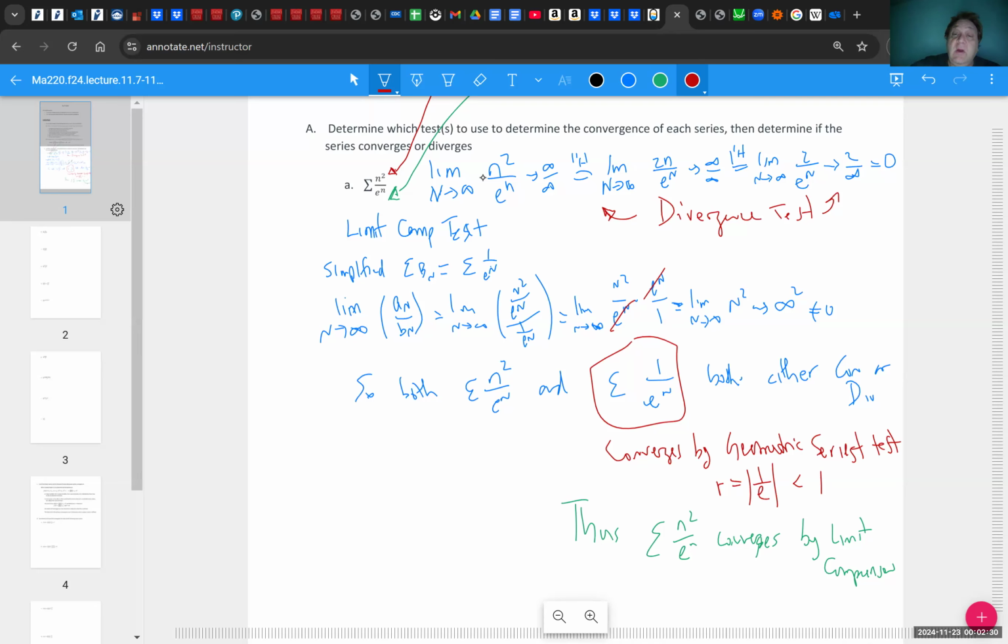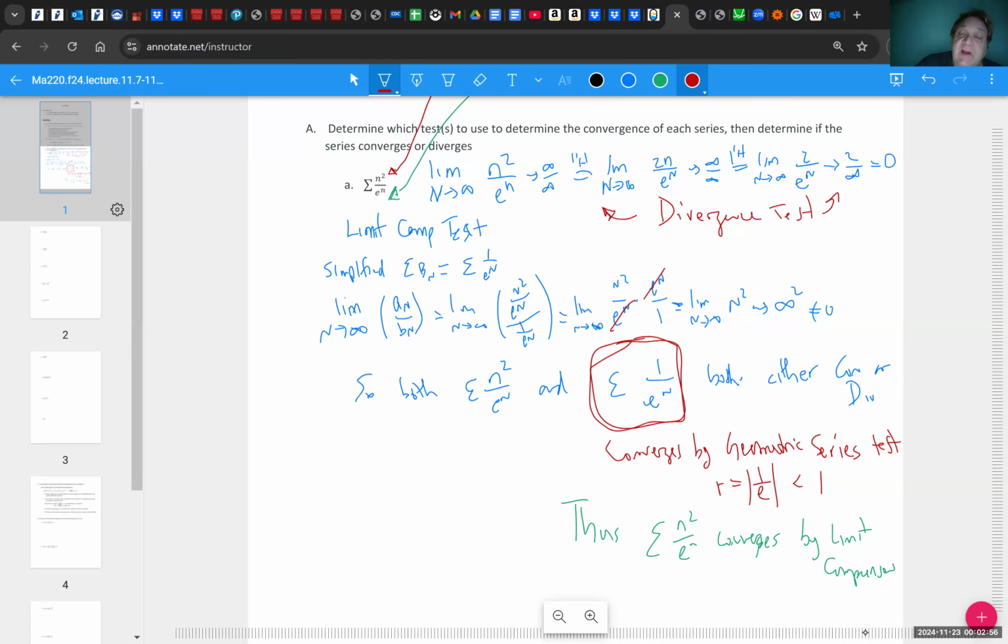When the limit is non-zero, we know that either they both converge or both diverge. Our simplified version was very easy to see converges by the geometric series test. Therefore, the original n squared over e to the n series converges as well, by the limit comparison test.